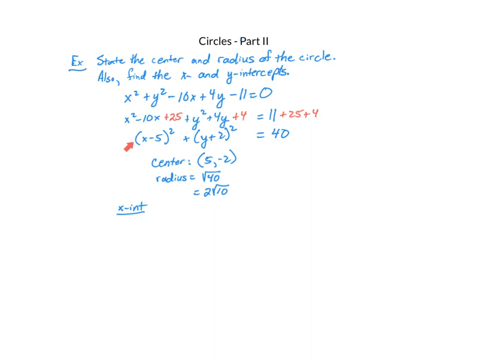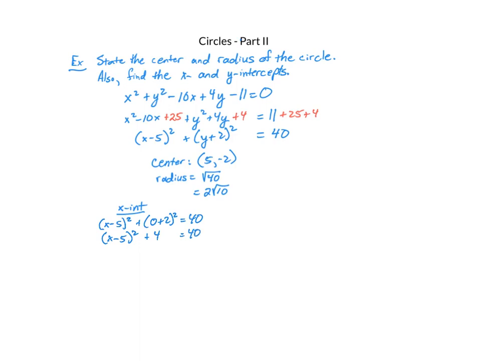I'll just start with the equation here in standard form. So let's do it. I'm finding the x-intercept, so I'm setting y equal to 0. So I have x minus 5 squared plus 0 plus 2 squared equals 40. That gives me x minus 5 squared plus 4 equals 40.